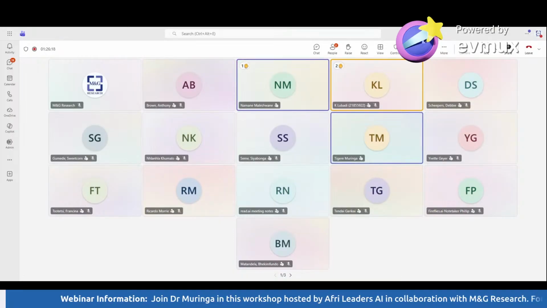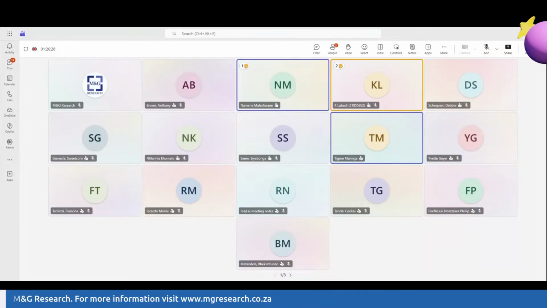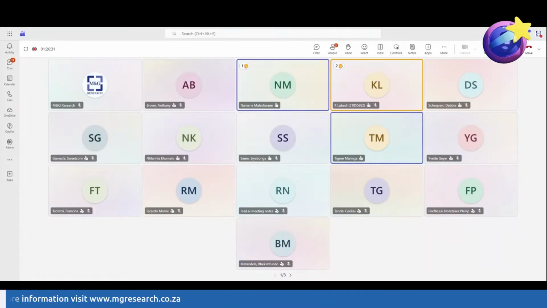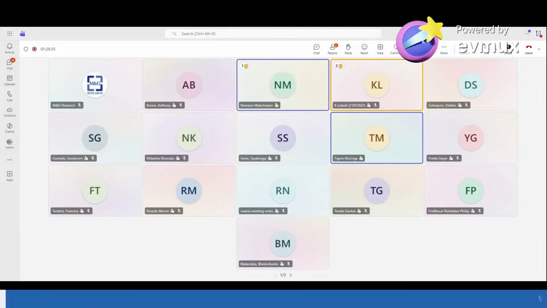Morning. Doc, there is a part whereby I missed the issue of cleaning the data before uploading it into the system. How do we clean the data? Right. So by cleaning the data, we are simply saying remove any identifiable information in the data, right?